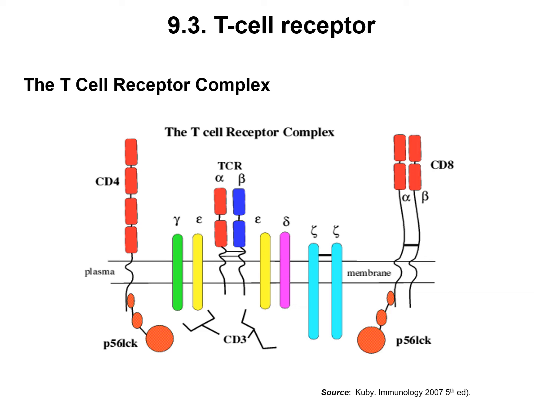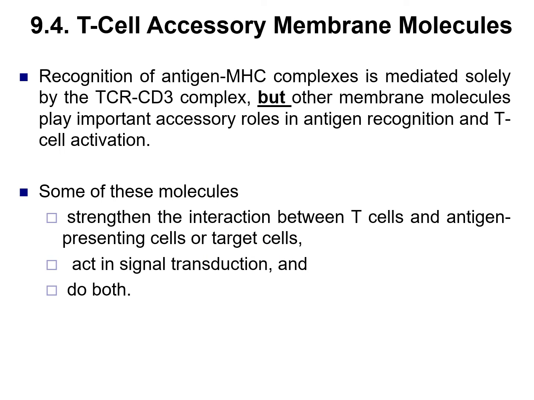They are all attached to the surface of the cell membrane. The recognition of the antigen MHC complex is mediated by TCR and CD3, but other membrane molecules play important accessory roles in antigen recognition and T cell activation.